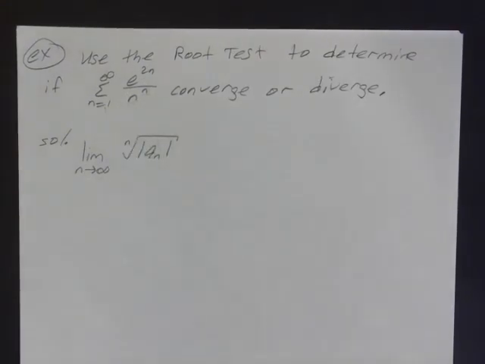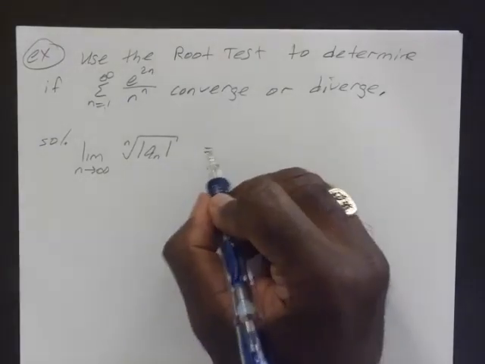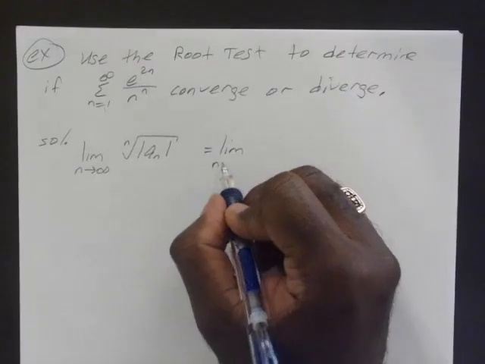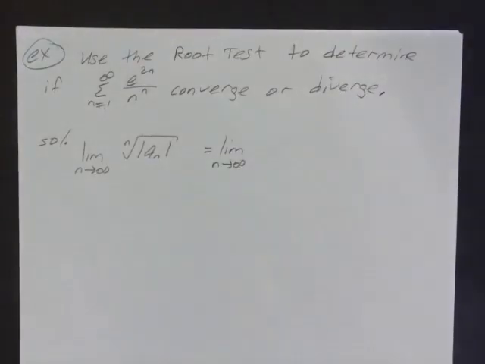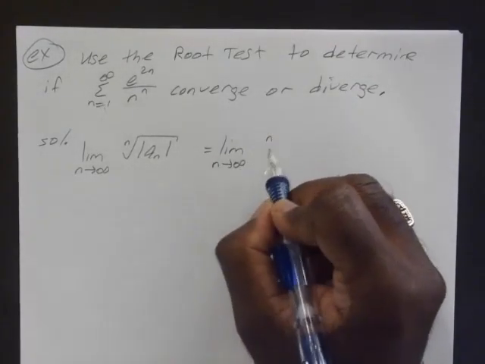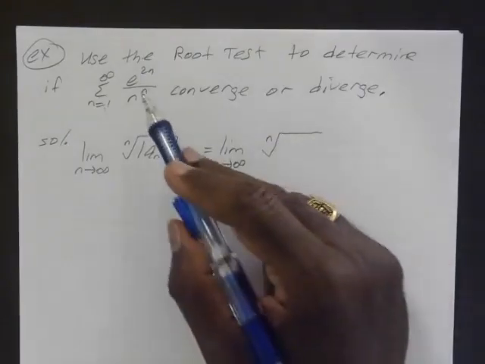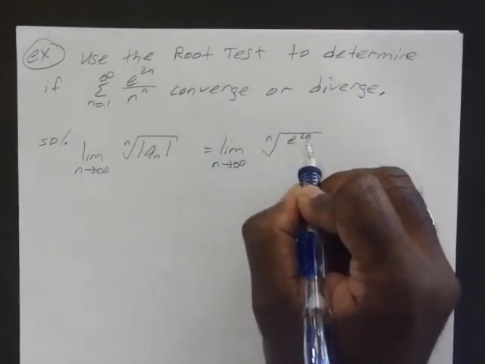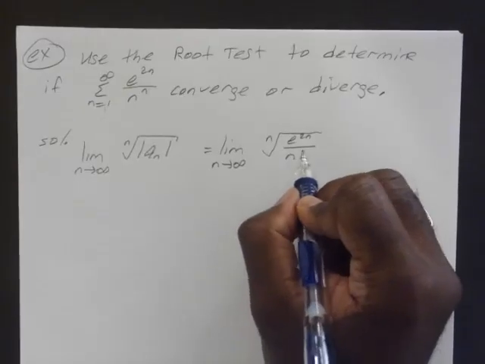So if you wanted to, you could drop the absolute value, or you could keep it, completely up to you. Then we have the limit as n approaches infinity of the nth root of e to the power of 2n divided by n to the power of n.